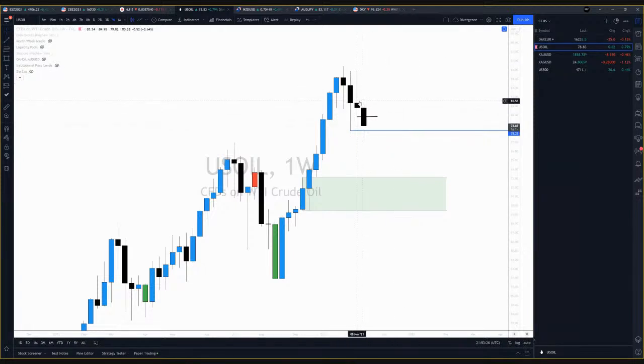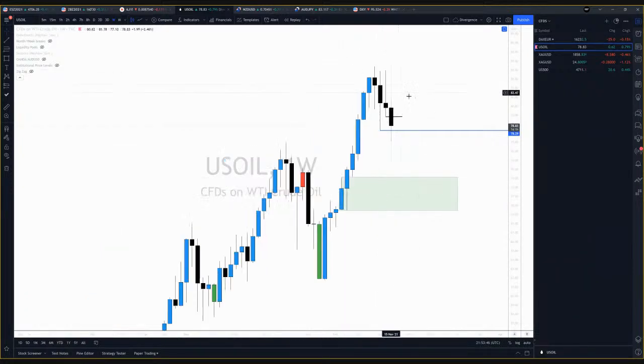If we do form that for this week, expect price to continue going lower to come somewhere in here, but I will expect them to drop and then maybe just hang around in here till January, and then in January we start pushing price up to come and attack this high again.